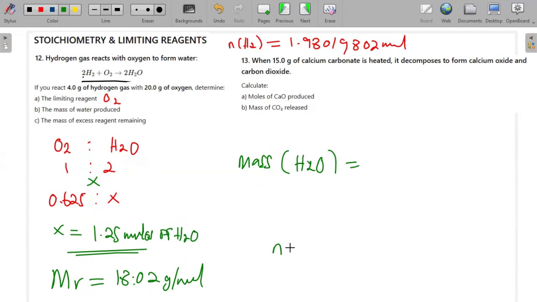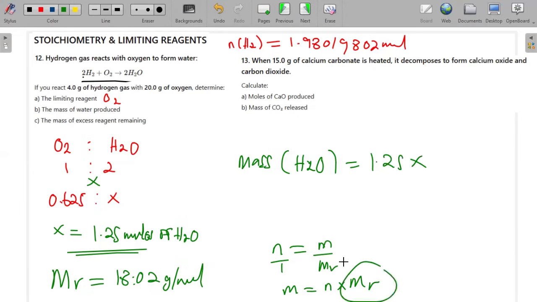So remember, moles is equals to mass over molar mass, right? So if I make mass the subject, it will be mass multiplied by 1. So mass is equals to n multiplied by molar mass. So the moles, we found it's 1.25 multiplied by the molar mass, it's 18.02.